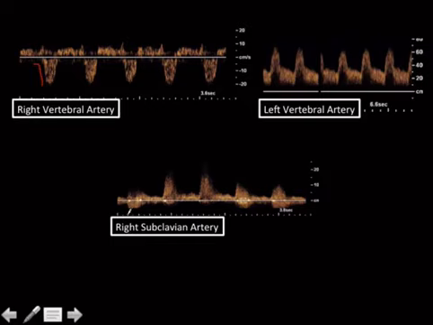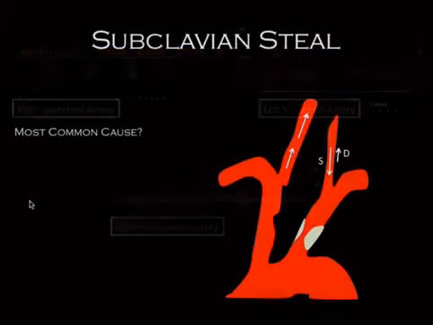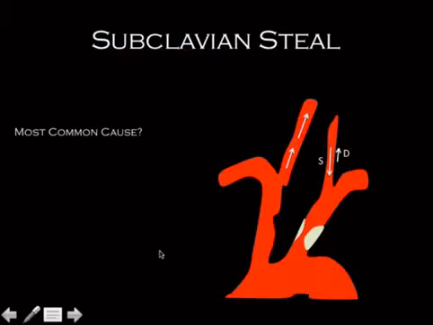So let's just go through it really fast. We've got delayed upstroke in our right subclavian, which is telling you there's an area of severe stenosis there. Left-sided vertebral, that's normal. Right-sided vertebral is having reversed flow. So that's just the general idea, that this is a normal side over here, and you've got an area of high-grade stenosis.